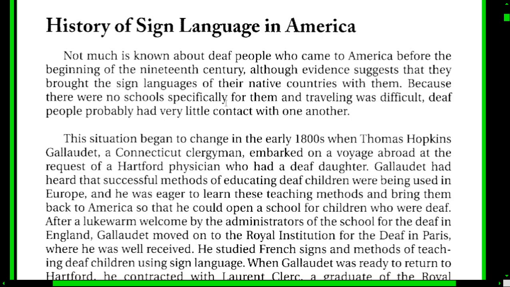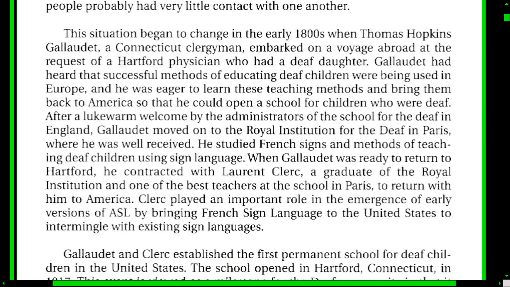Gallaudet had heard that successful methods of educating deaf children were beginning to be used in Europe, and he was eager to learn these teaching methods and bring them back to America so that he could open a school for children who were deaf.